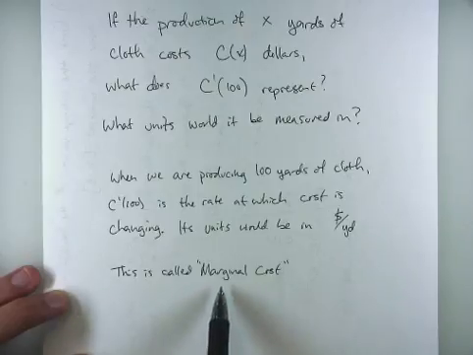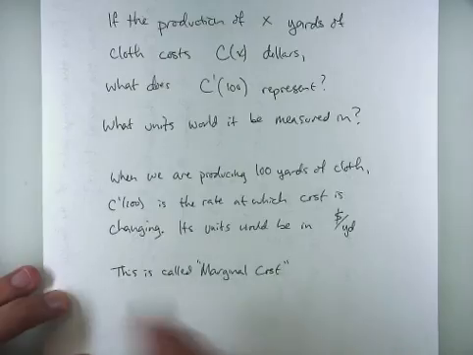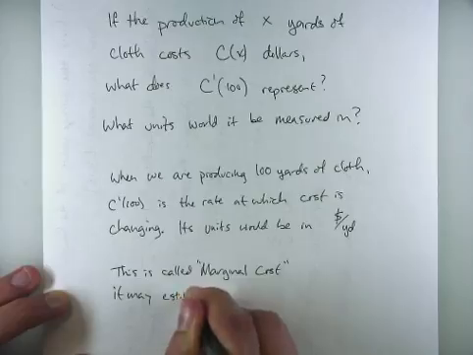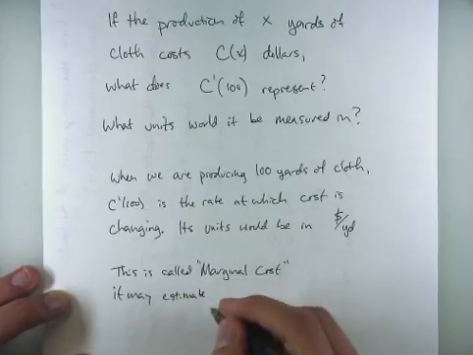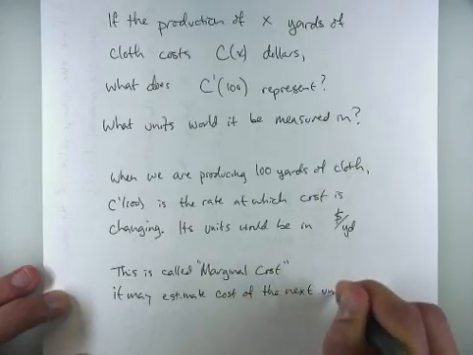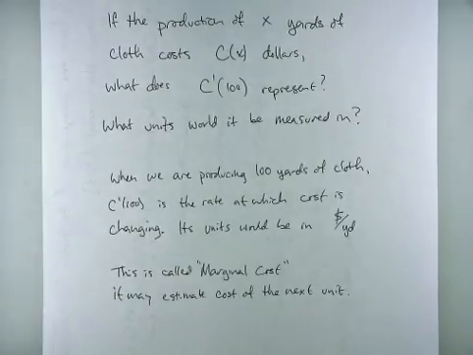But in business, again, marginal usually refers to the derivative of. So marginal cost is the derivative of cost, how fast cost is changing. It may estimate the cost of the next unit, or the unit immediately previous.